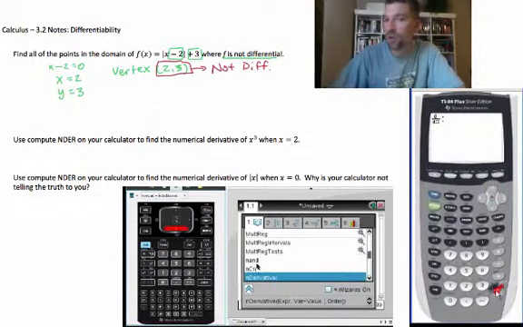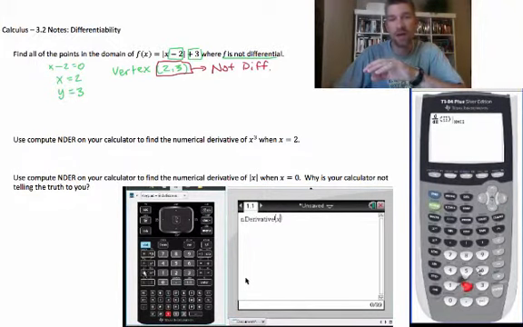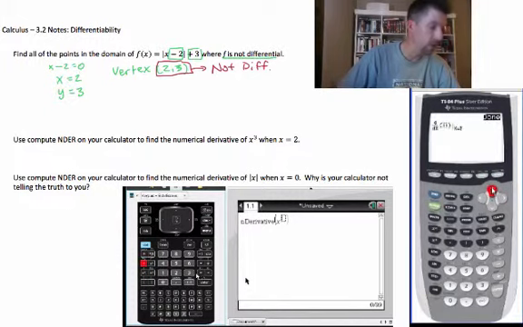Use nDeriv on your calculator to find the numerical derivative of absolute value of x when x equals 0. Why is your calculator not telling you the truth? The reason that happens is your calculator is trying to do the math, and you end up fooling your calculator at that specific spot.